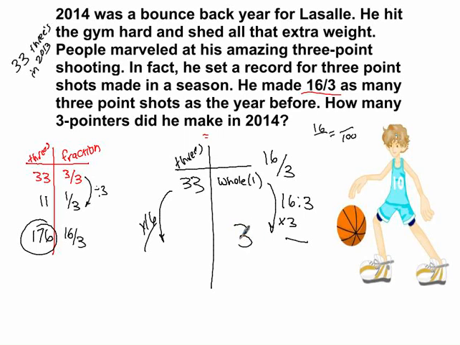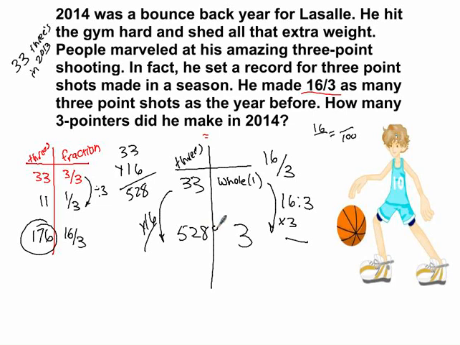So the whole would now be 3, and then we would multiply 33 times 16. And I'm just going to do that quickly on a calculator. And that would be 528. Now that doesn't answer our question though, how many did he make in 2014?